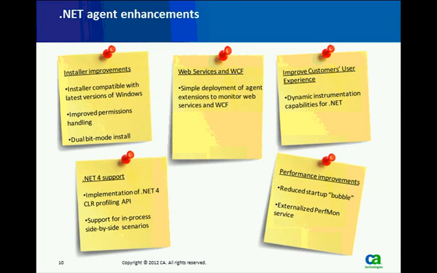And primarily, the pain points that some of our customers have experienced have been more so around WCF, where in previous versions of the agent, there's been a lot of manual process to deploy DLLs into the GAC and have to manually mess around with web configs and machine configs, which are fairly complex XML files and very error prone.